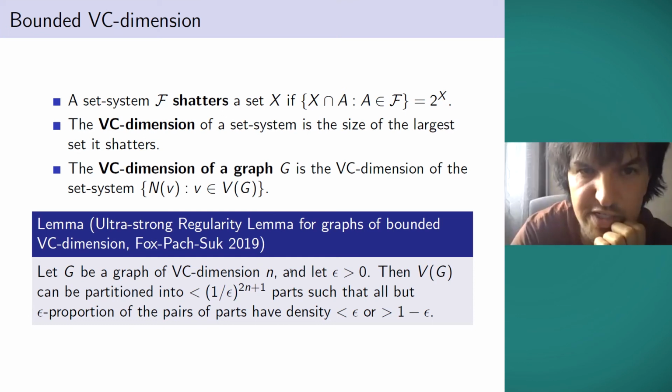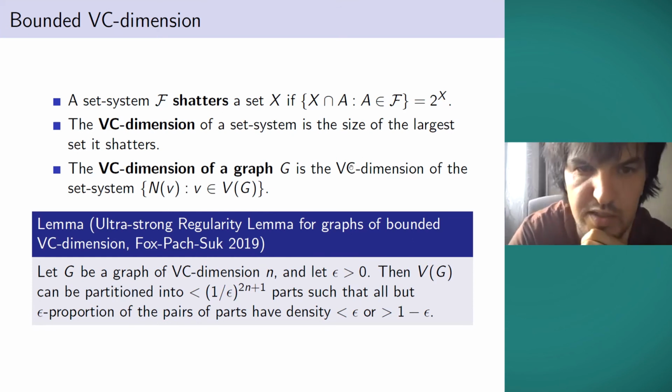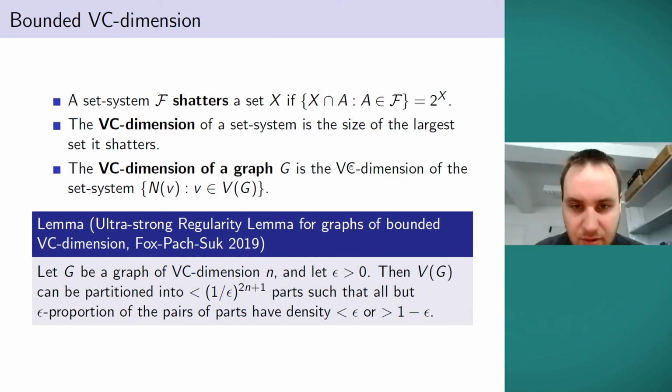István, there are two questions in the chat. The first is, do your results say something about the co-clique number of the polygraphs then? Okay, so in relation to the polygraphs, there the degree is p minus 1 over 2.